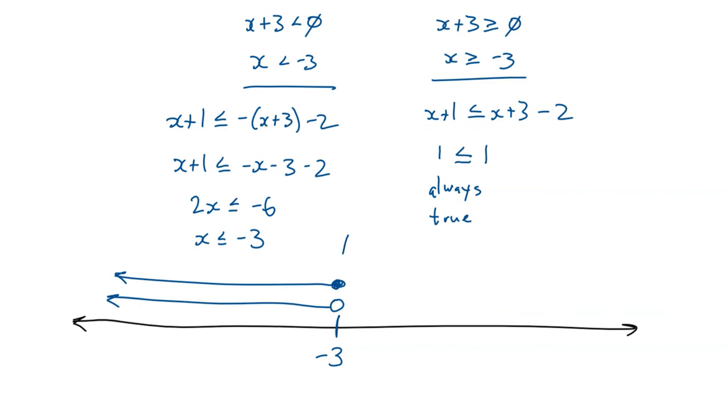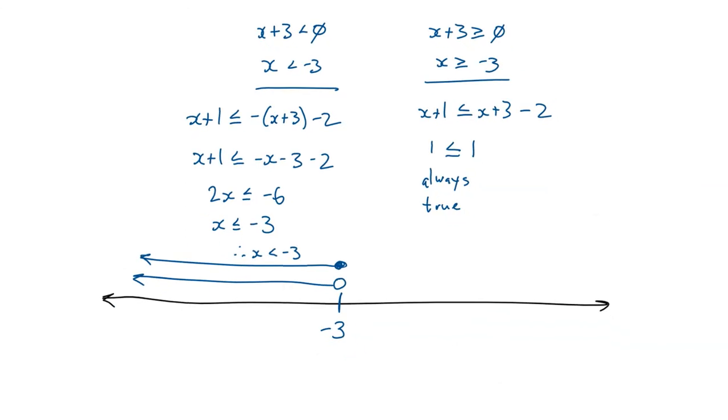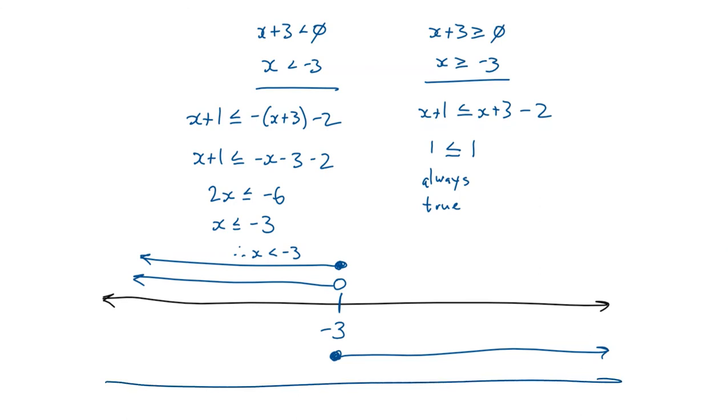So even though the point is included in one, it's not included in both. So it's that. And this one is greater than or equal to negative 3. And always true. Therefore, greater than or equal to negative 3.